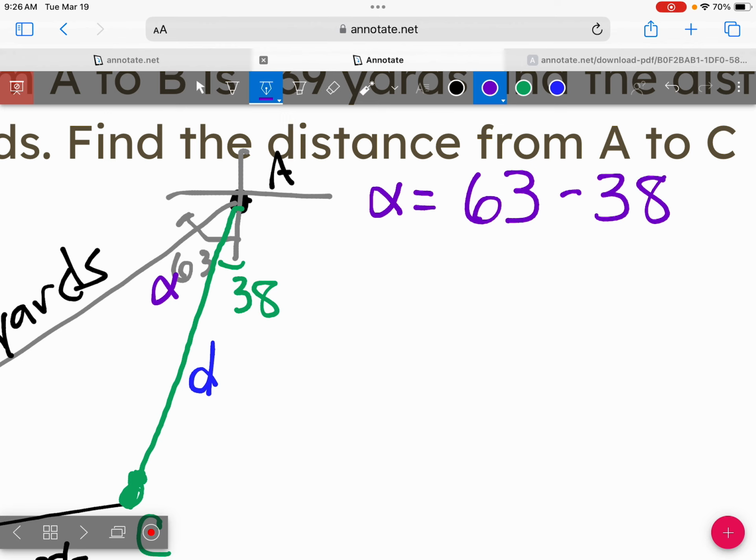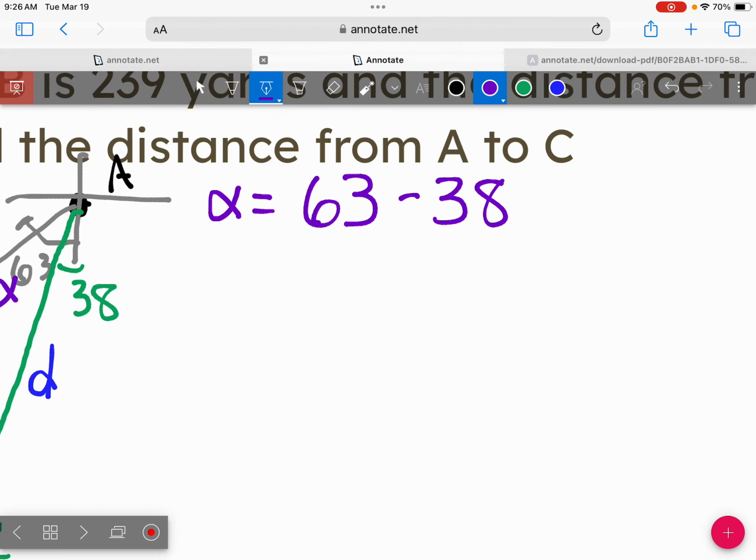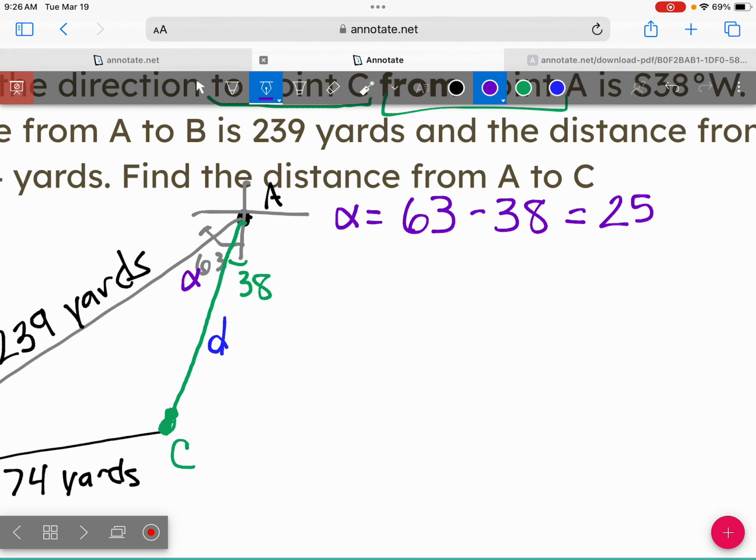What is the measurement of angle alpha? 25. So all this hot mess told us that this angle is 25.